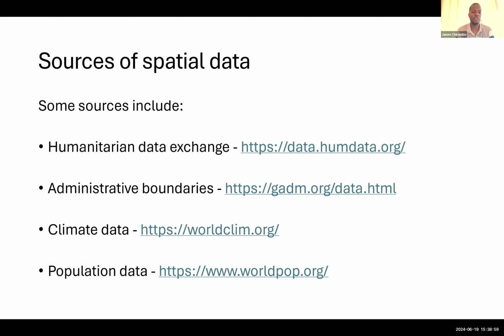There is climate data there, the most recent form of raster data, so you can also use that. There's WorldPop. WorldPop hosts a lot of population data, population indicators, that can be useful when we are doing risk mapping. So it's worth visiting as well.